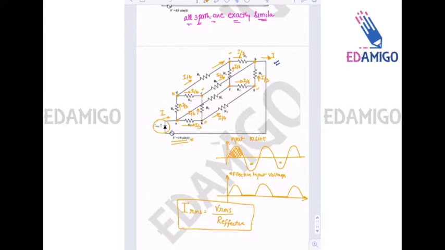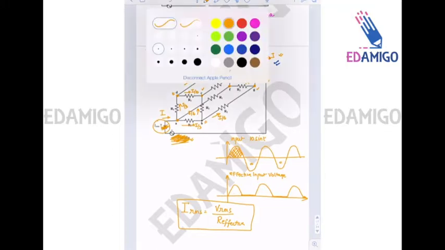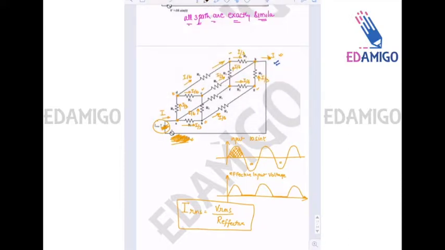So this current division that I have done here will help me in finding out the effective resistance. Now suppose I just remove this input 10 sin t and this diode also, and connect another wire from A to, I just removed it, okay?